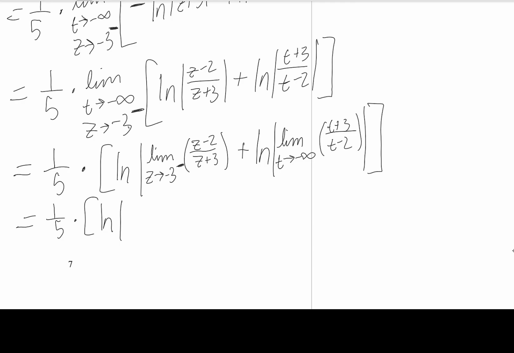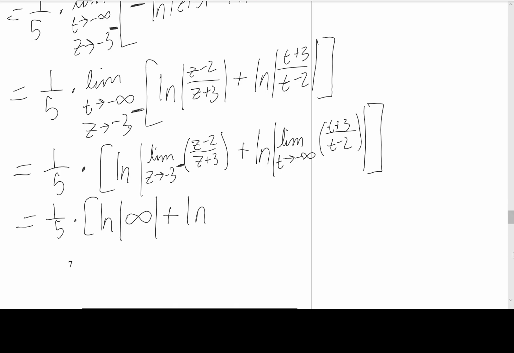Okay, so we're approaching from the left-hand side, which means I'm plugging in stuff like -5, -4, -4.5. So that means the numbers on the bottom of this fraction are going to be negative, and the numbers on the top of our fraction are going to be negative. So we have a negative over a negative, which means we have a positive. So this is positive infinity.